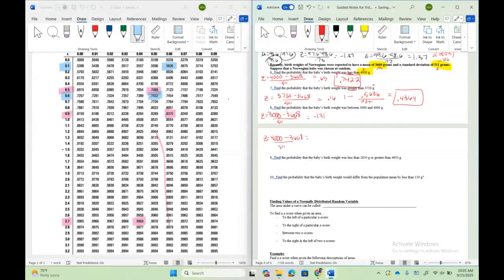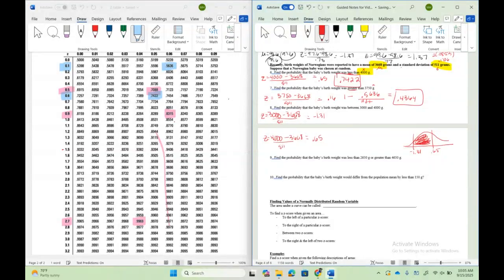And this one is 0.65. All right, and I want to be between these two z-scores. So I'm going to think about 0.65 and negative 1.31.